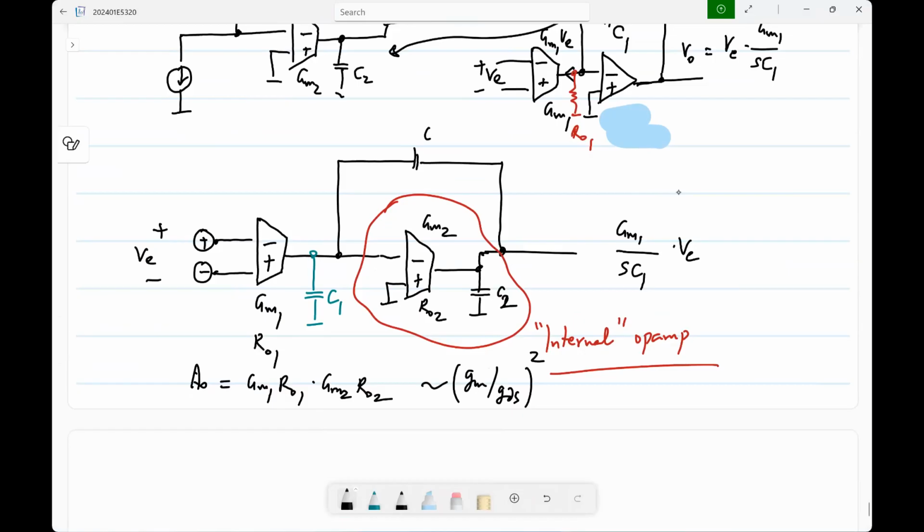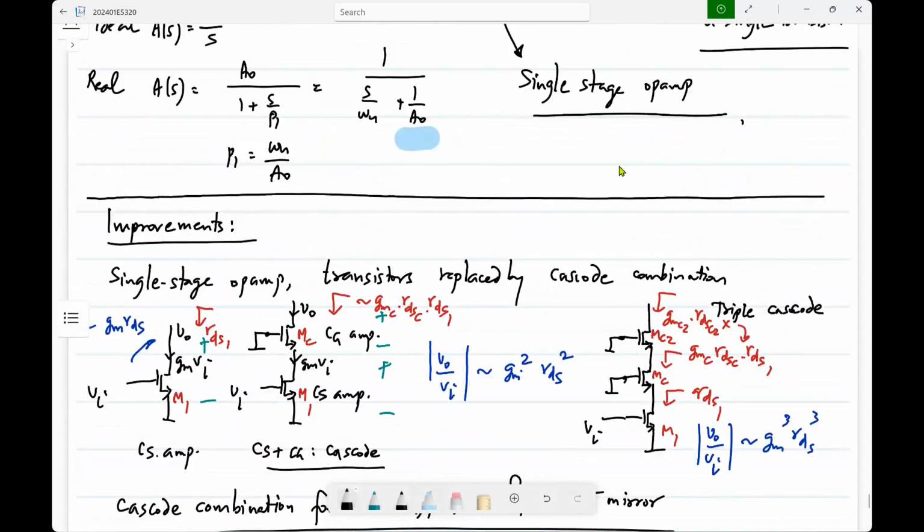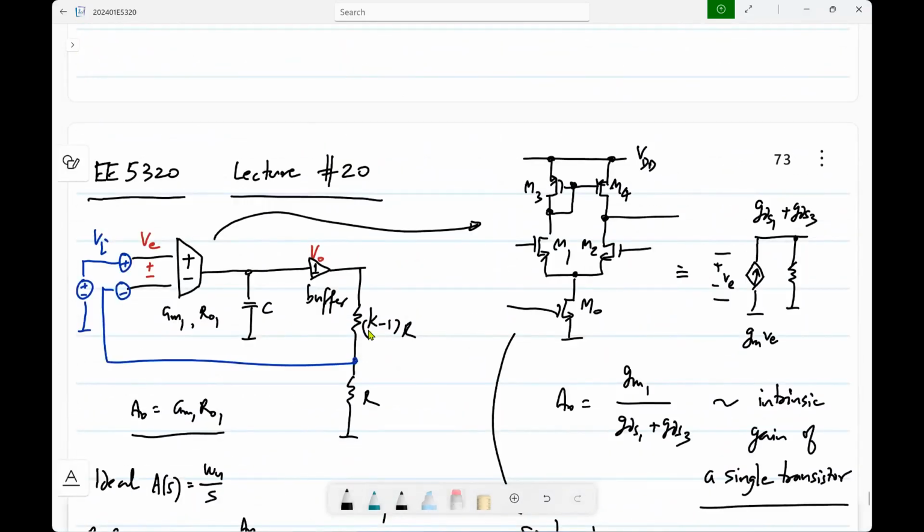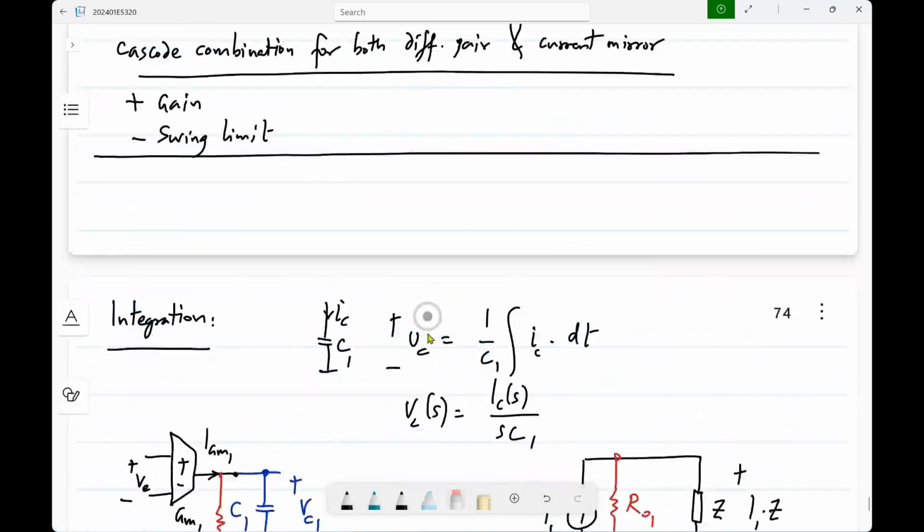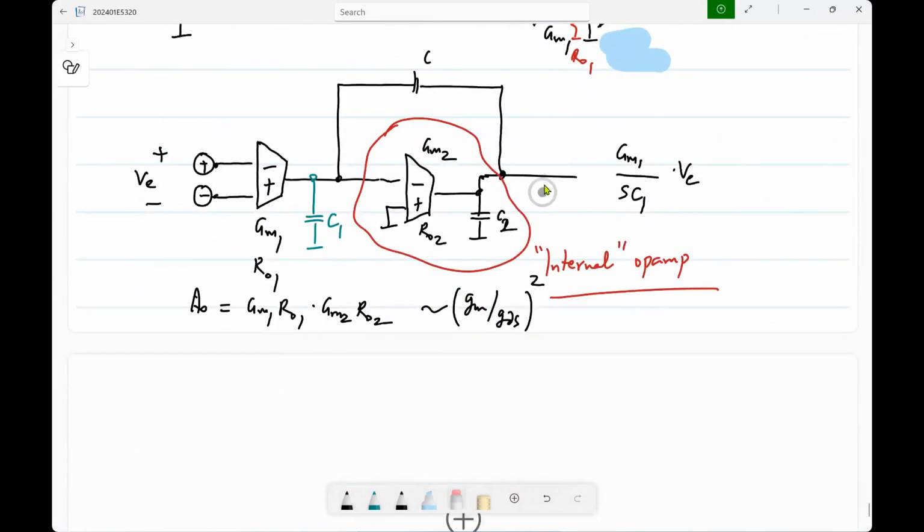Now also earlier when you had only a single stage, I said I'll have a buffer here so that it doesn't disturb the DC gain. That is, if you don't have a buffer, what happens is this resistance K times R appears across the output resistance and your DC gain is severely compromised. Okay. Now with two stages, also you can use a buffer, but buffers are also not easy to realize.